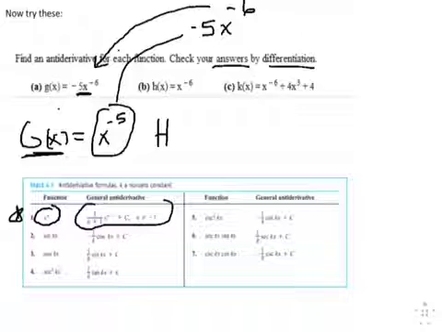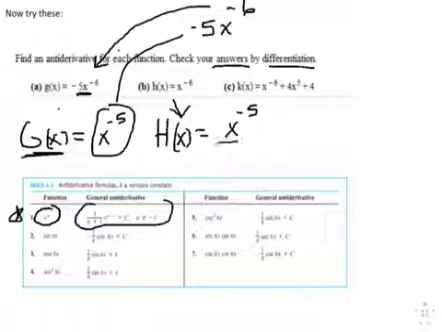So then capital H of x, the antiderivative for part B, well, if we add 1 to negative 6, we're going to get negative 5, right? So x to the negative 5 over negative 5. Okay? So we're just applying that x to the n plus 1 over n plus 1.